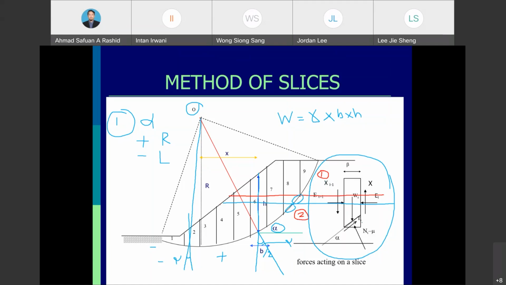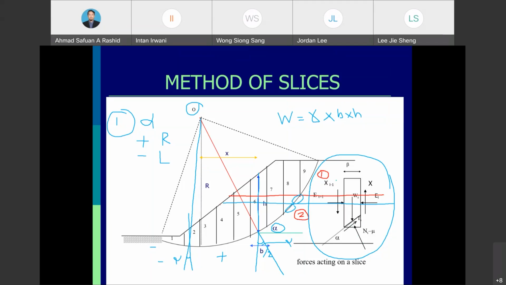On the base of the slice, there will be a shear force as well, which is considered as the resisting force acting on the base, and also a normal force, which is acting perpendicular to the base.